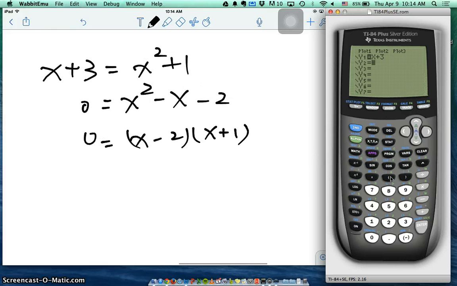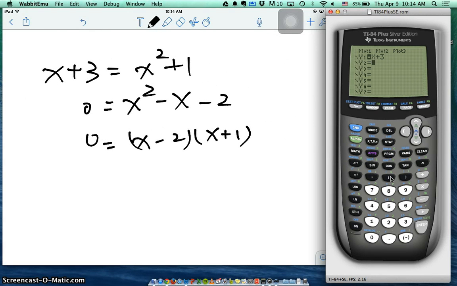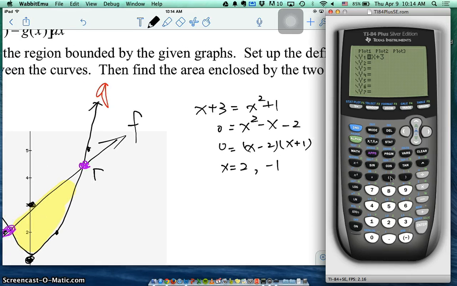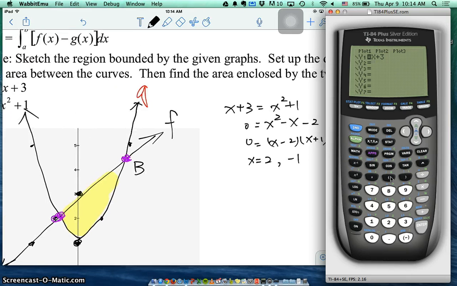We can say x equals 2 and x equals negative 1. So let's say this is B and this is A. A would be negative 1, and B would equal 2.